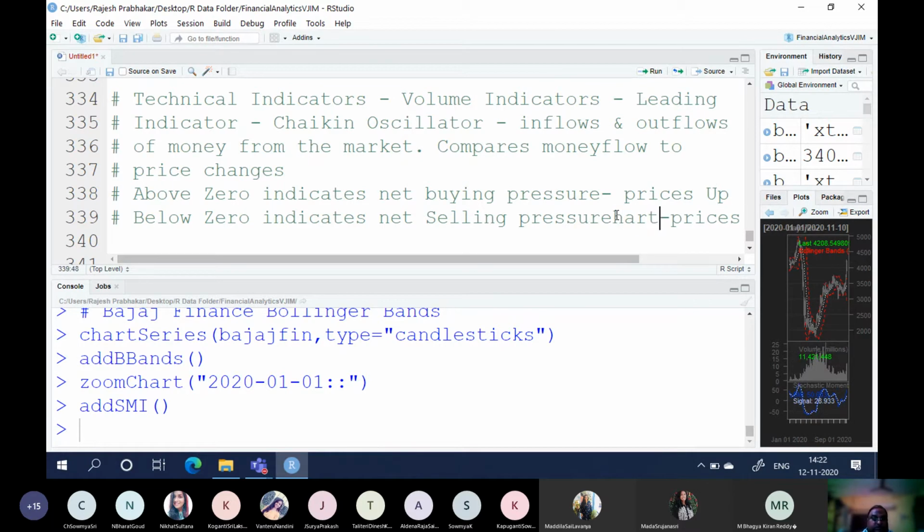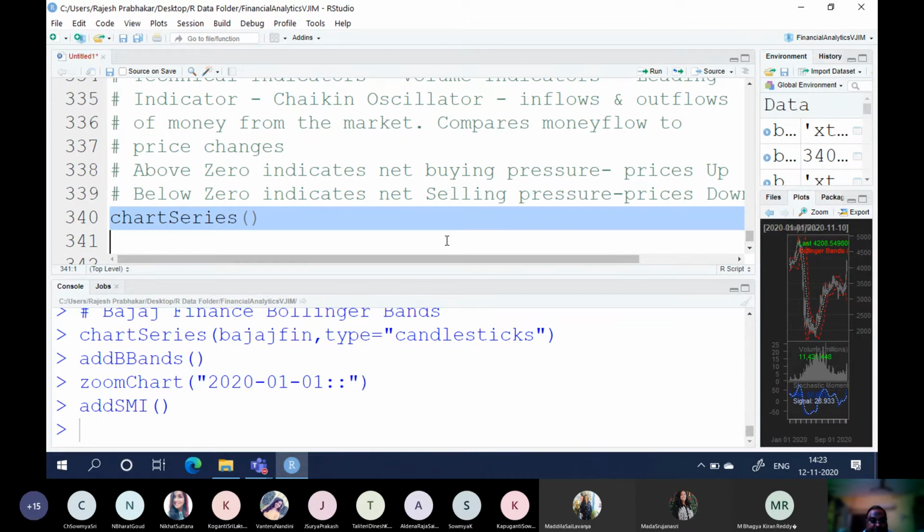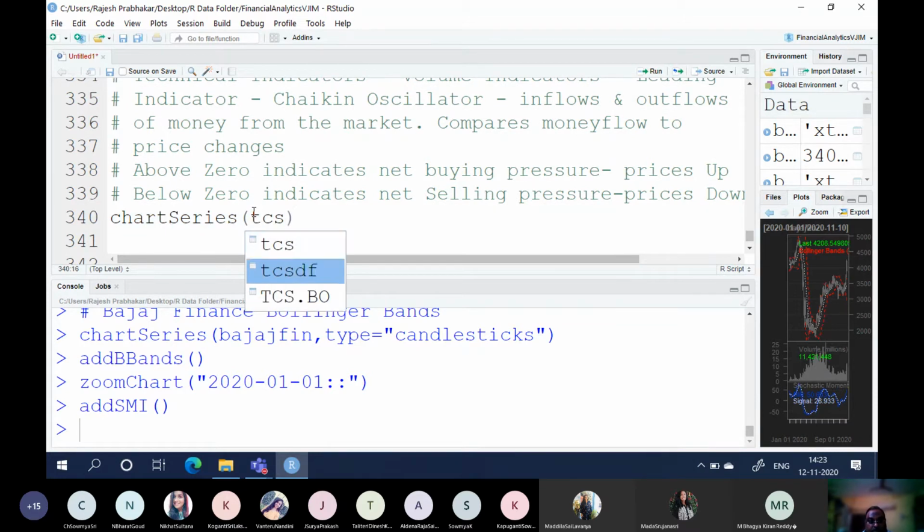So chart series, type is equal to candlesticks.